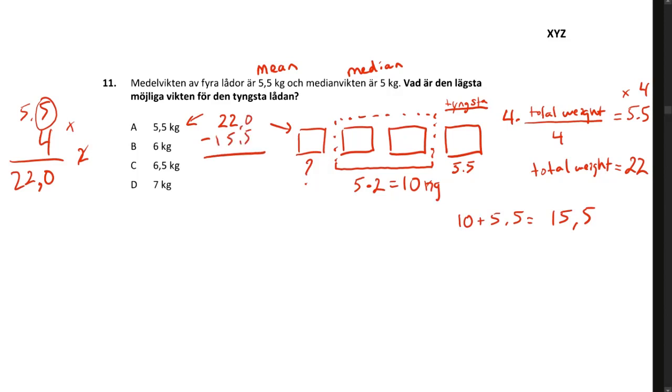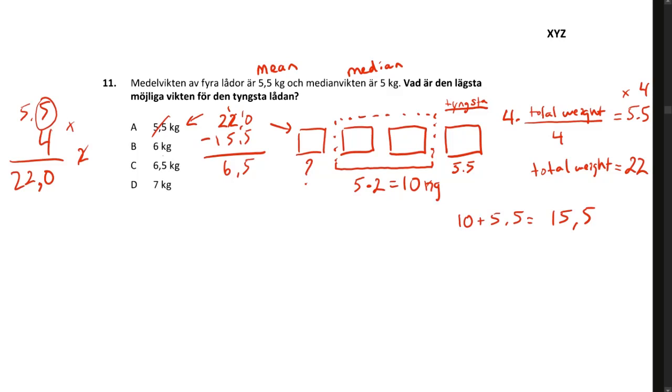If we put a decimal here, we got 6.5. So if the biggest box is 5.5, that means the smallest box must be 6.5. So that doesn't work. So we can actually say right away that it's not A.